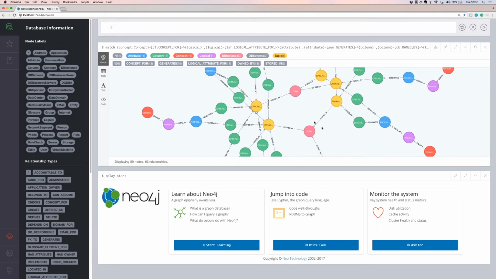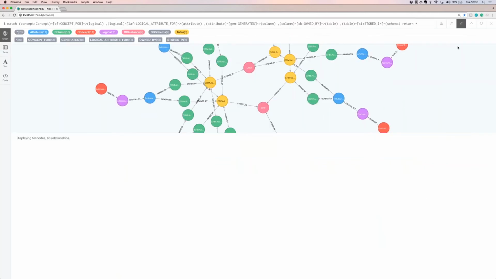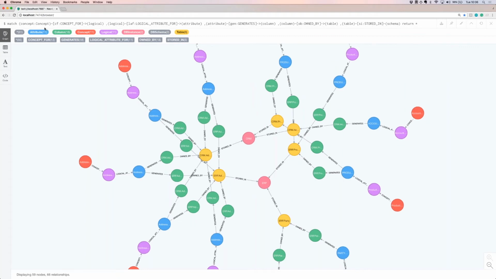What we see in this visualization is that I'm navigating from concepts, what I call the enterprise ontology, to how these concepts are translated into logical entities and ultimately into physical entities in a relational database.